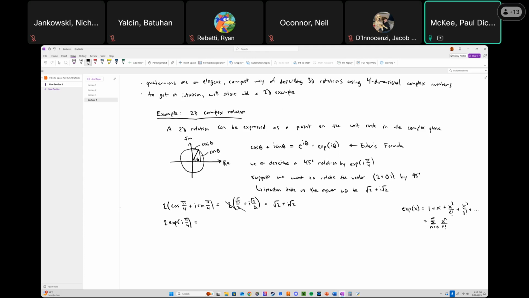Well, that's going to be 2, and then we're going to start a big curly bracket: 1 plus I pi over 4 plus I squared pi over 4 squared over 2 plus I cubed pi over 4 cubed over 6 plus I to the 4th pi over 4 to the 4th over 24.